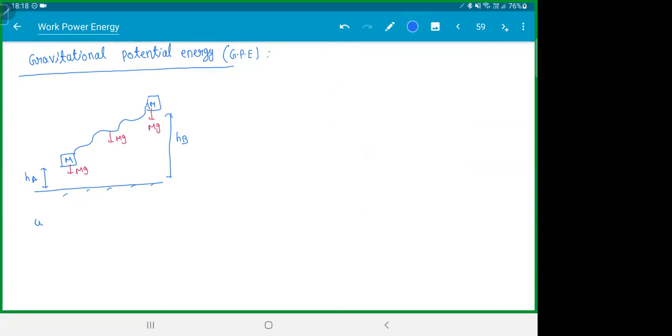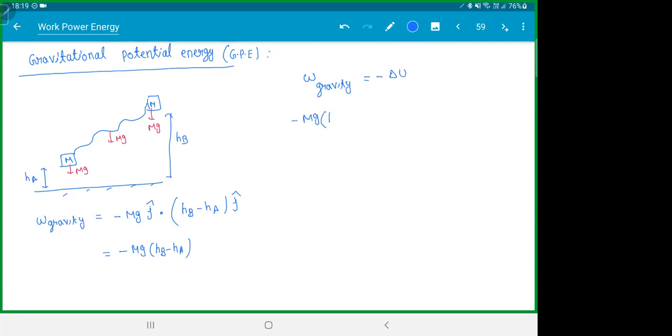So work done by gravity. Since gravity is a constant force, you can directly take F bar dot S bar, which is minus mg j cap dot the displacement (HB minus HA) j cap. So the work done turns out to be minus mg(HB minus HA), where HB and HA are the heights of point B and point A. We also know the work done by internal conservative forces is the negative of the change in potential energy.